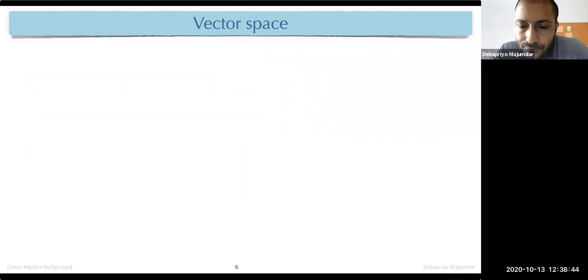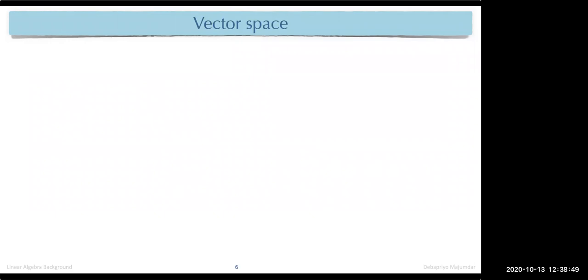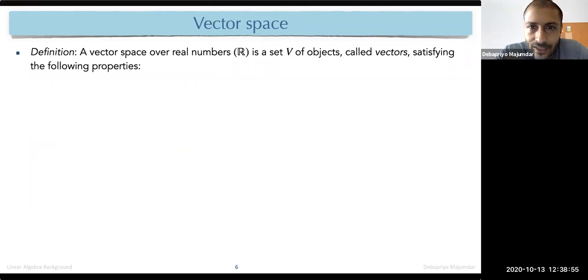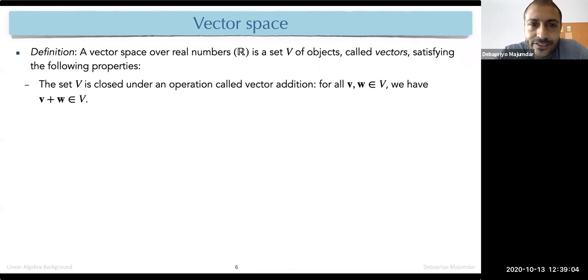Let me remind you what a vector space is. A vector space over real numbers is a set of objects, which are vectors, which satisfy the following properties. It is closed under an operation called addition.